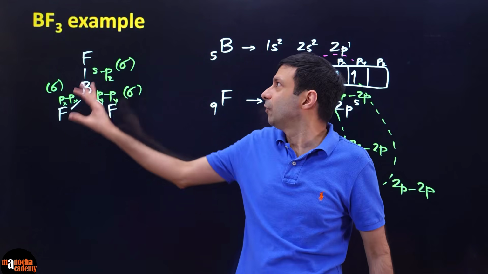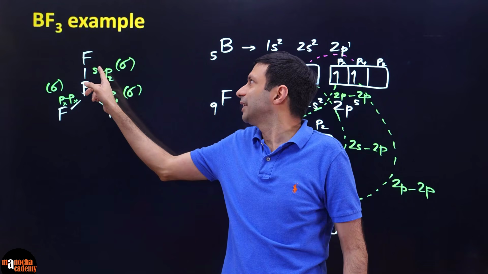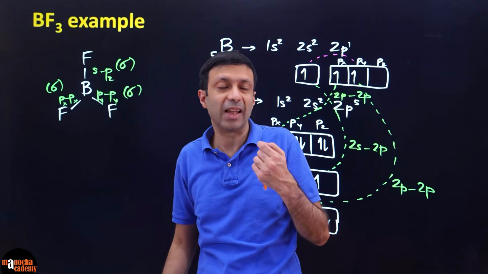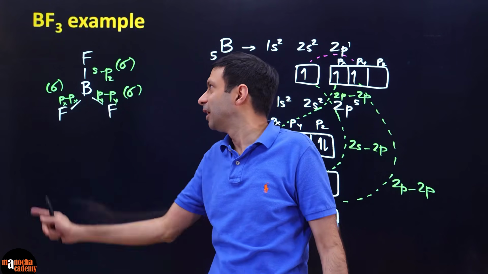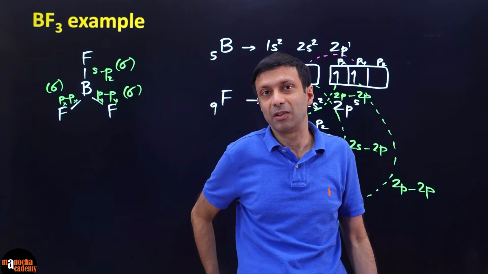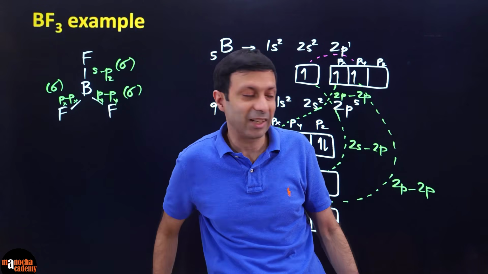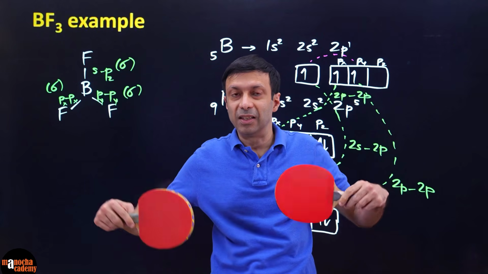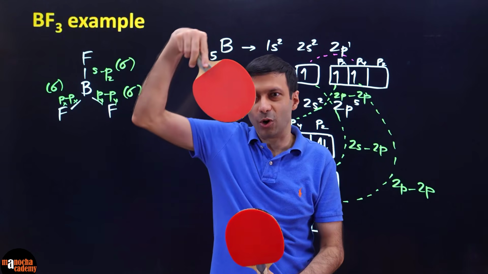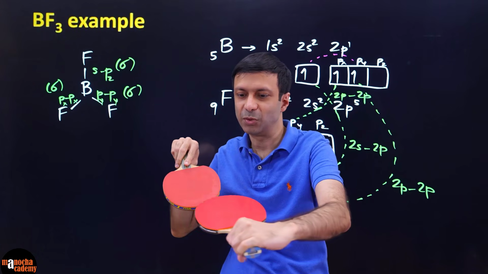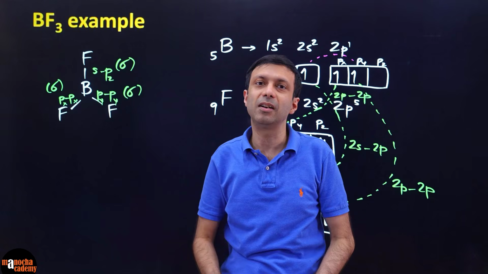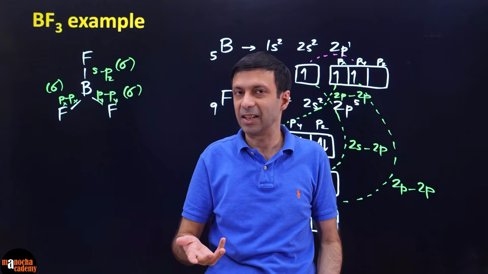Good. So let's review this structure together. If you look at this sp overlap, it is a head-on overlap. So definitely a sigma bond, because s orbital can only form sigma bonds. If you look at px overlap, since the orientation is same, remember, like we had discussed with the table tennis rackets, if the orbitals are along the same axis, whichever way you take them, it will be a head-on overlap, and that is another sigma bond.